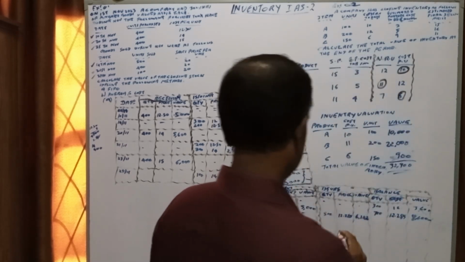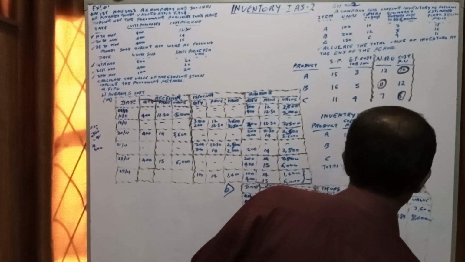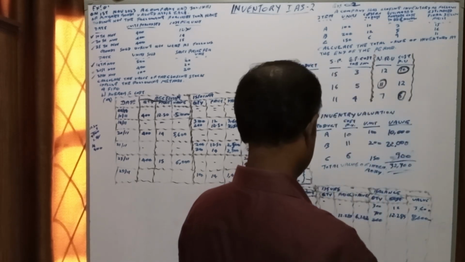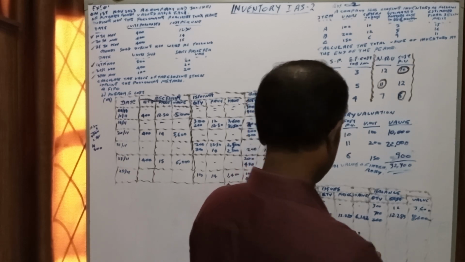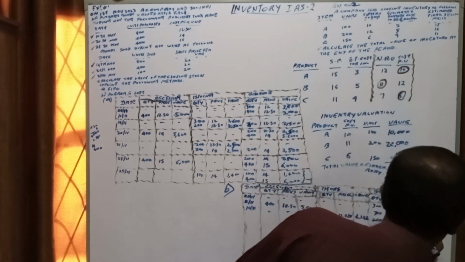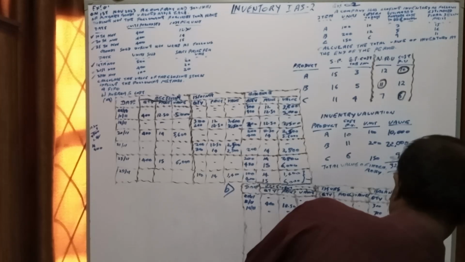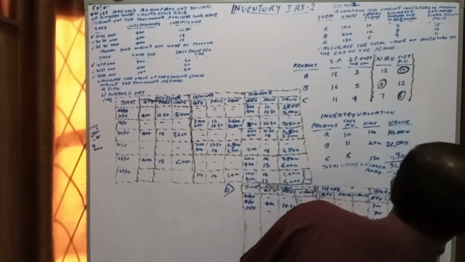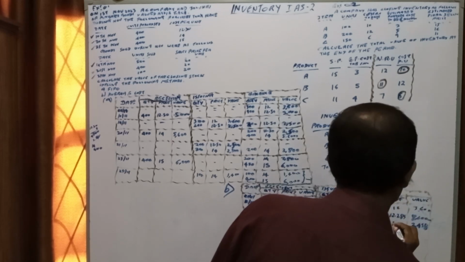The balance is 200 units, 200 into 12.285, which is 2,458.